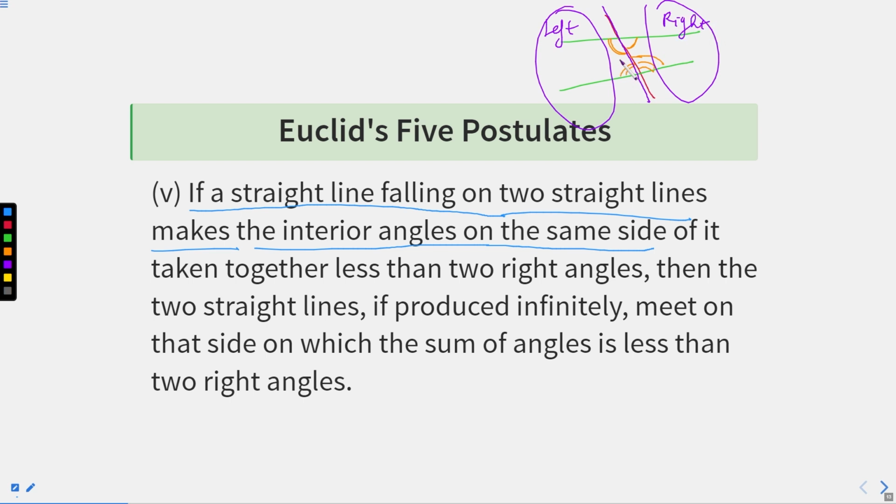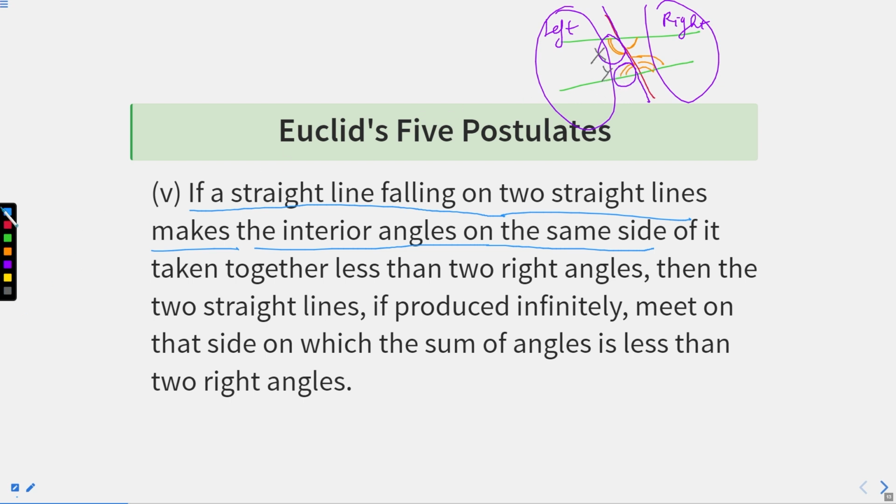So if I take two angles from the right side or two angles from the left side, let's say I'm going to take these two angles from the left side. Both must be interior angles and from the same side. So these are from the left side and both are interior angles. If their sum, let's name them x and y.